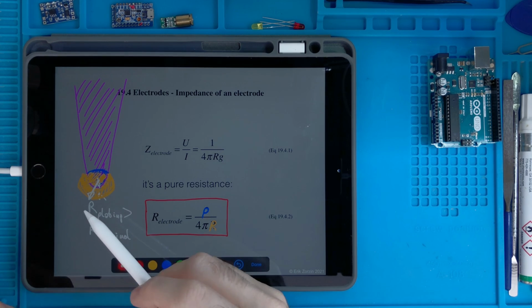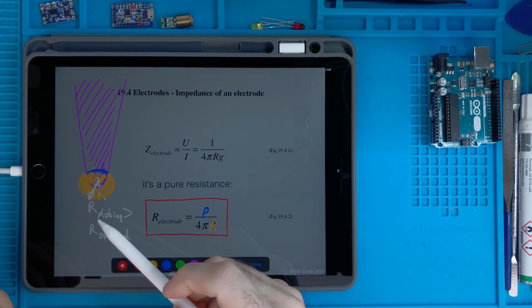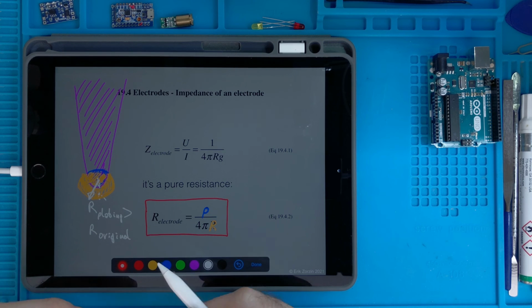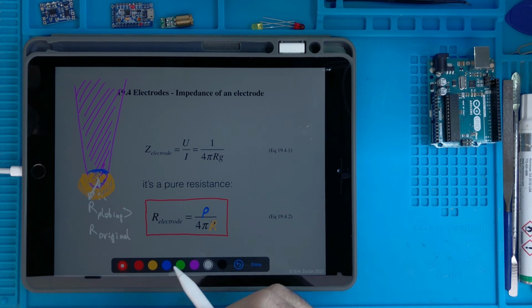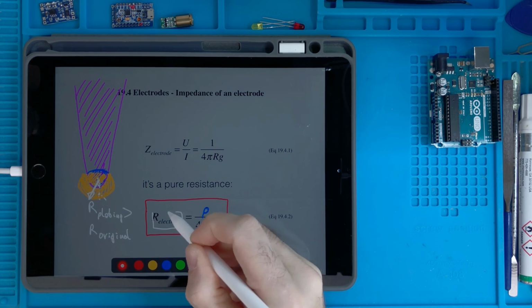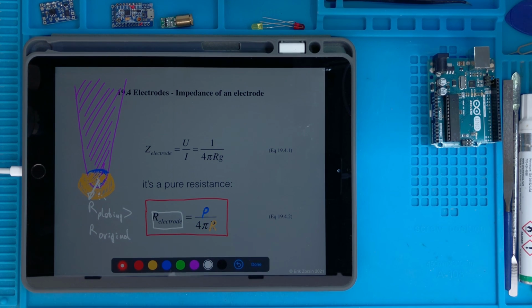So by electroplating an electrode you can easily change its impedance, and we will see this will be useful in order to tune the properties of our electrophysiology recordings.